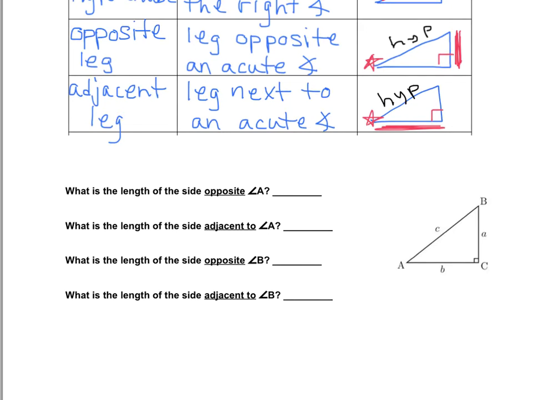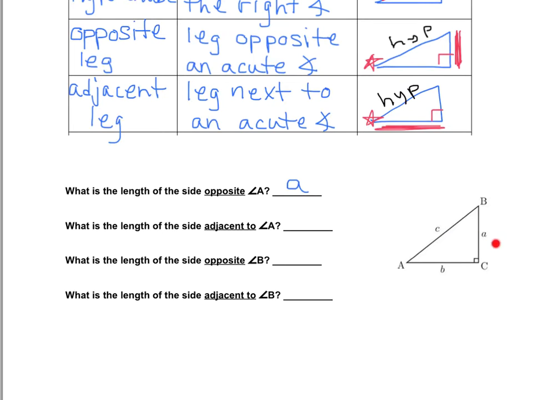If I put myself here at the corner at angle A, just like the pictures that we were doing up here, then the side opposite is going to be side little a, as the diagram is labeled here. Then we think about what's the side adjacent to angle A, and again we're sitting in this corner right here, and we don't want to use the hypotenuse. The hypotenuse is c, that's not a leg, remember.